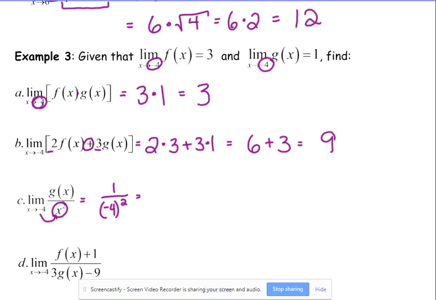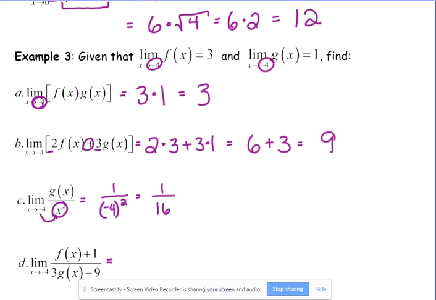You can just plug in the number. I think I'm safe in saying this, you should never end up with a variable in your answer for a limit right now. Okay? These should all have numbers. So this is 1 over 16. Don't forget, when you square a negative, it's always positive. That'll get you.